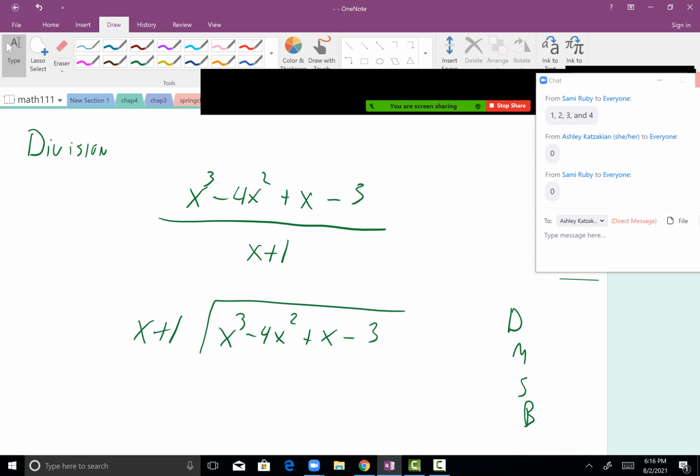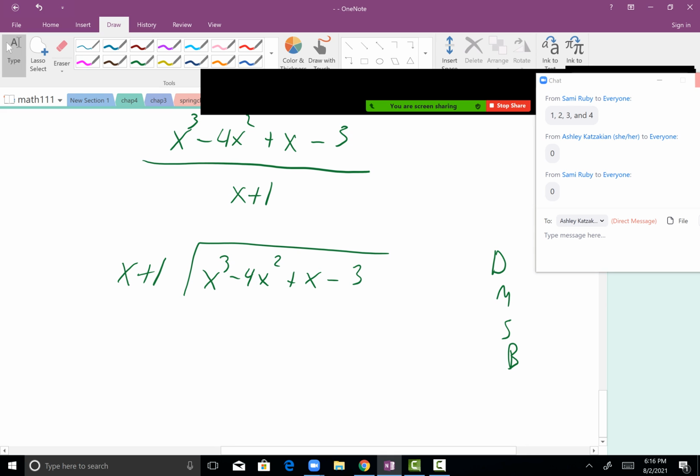I usually tell my high school kids it's dead mice smell bad, and it means divide, multiply, subtract, bring down. I'm going to run through one of these with you, but we'll never use polynomial division like this again, unless you really like it.